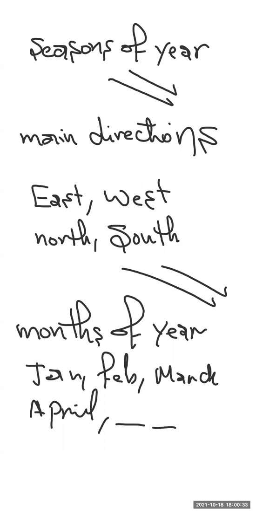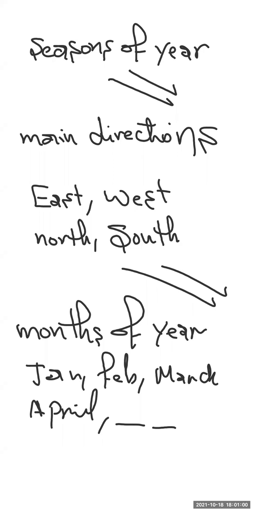There are 12 months in the year: January, February, March, April, May, June, July, and so on. So it's clearly defined objects, so we can consider that it's a set. Okay, so any collection of known objects that are clearly defined, we can consider them as a set.